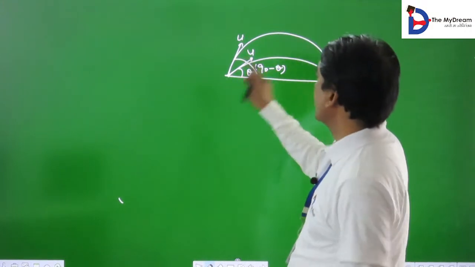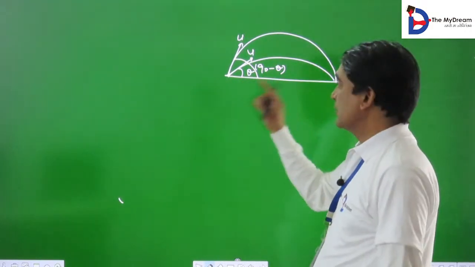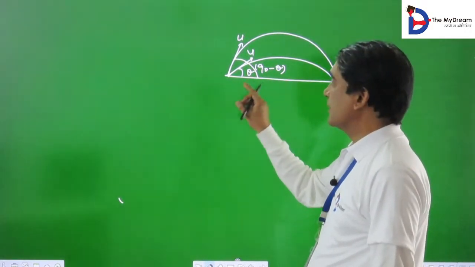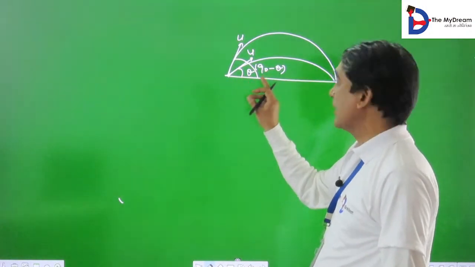When the two objects are thrown with a certain angle with the horizontal, it makes an angle theta and 90 minus theta.